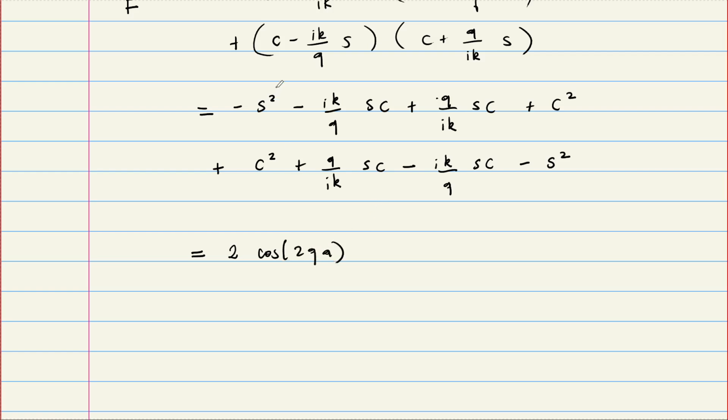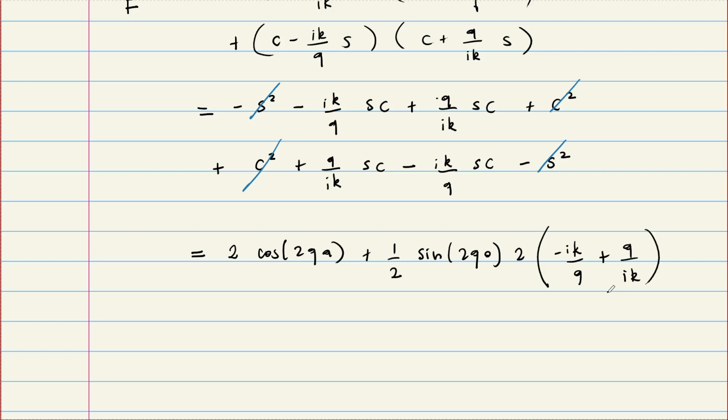Now this guy, this guy, this guy, and this guy are taken care of. And this is sine times cosine, all of them, and I can write it like 1 over 2 sine 2qa, and I have what? I have minus ik over q, and there's 2, right? So let me write a 2 here. 2 times minus ik over q plus q over ik.